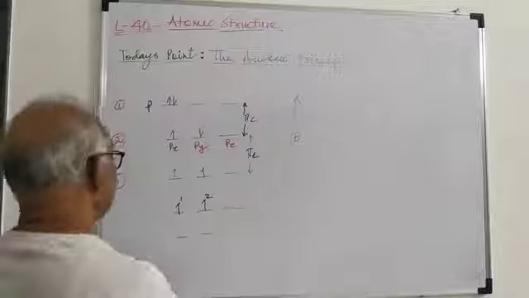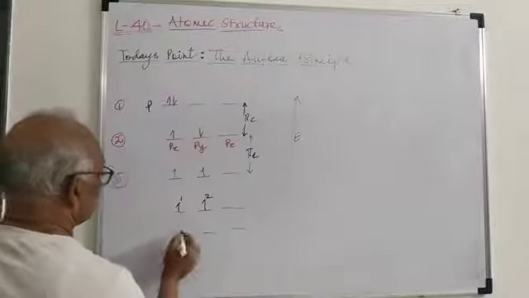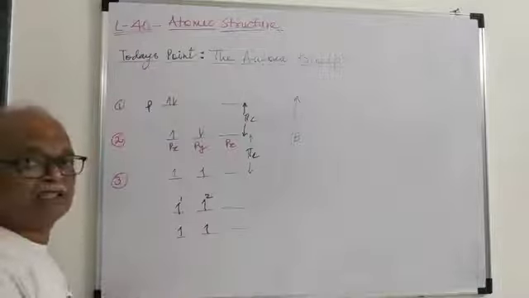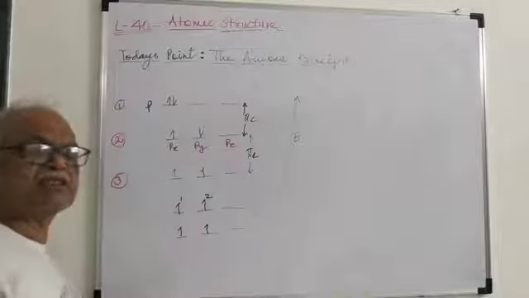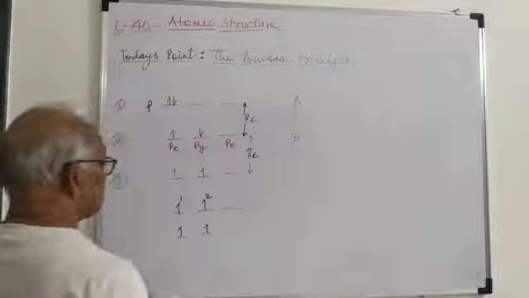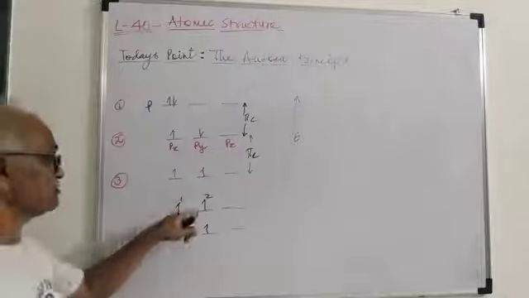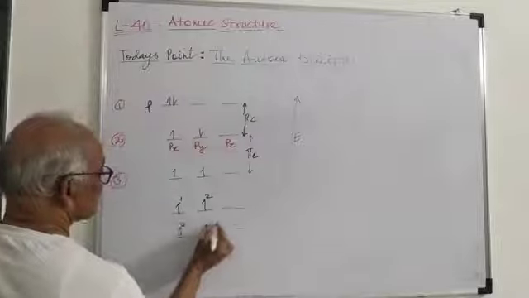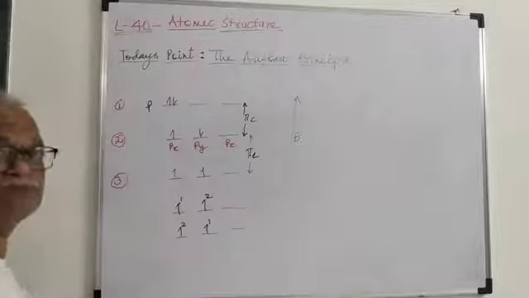Now we will have another alternative distribution like this. The electrons are the same in size, shape, charge, etc., but in order to distinguish between the two electrons, we have labeled them. In another option, this is the second electron and this is the first electron.